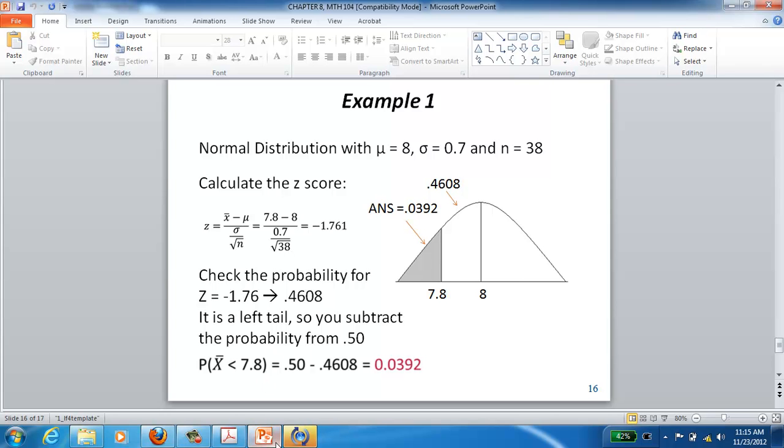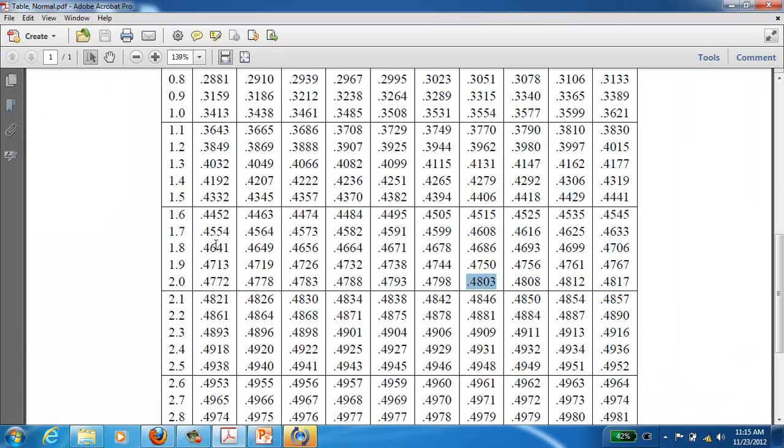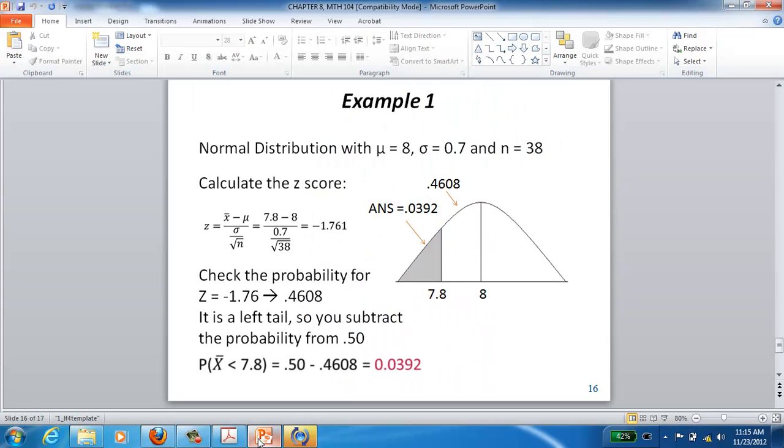So for negative 1.76, the probability will be 0.4608. And again you look for a tail, so you subtract from 0.5. So the probability will be 0.5 minus 0.4608, 0.0392.